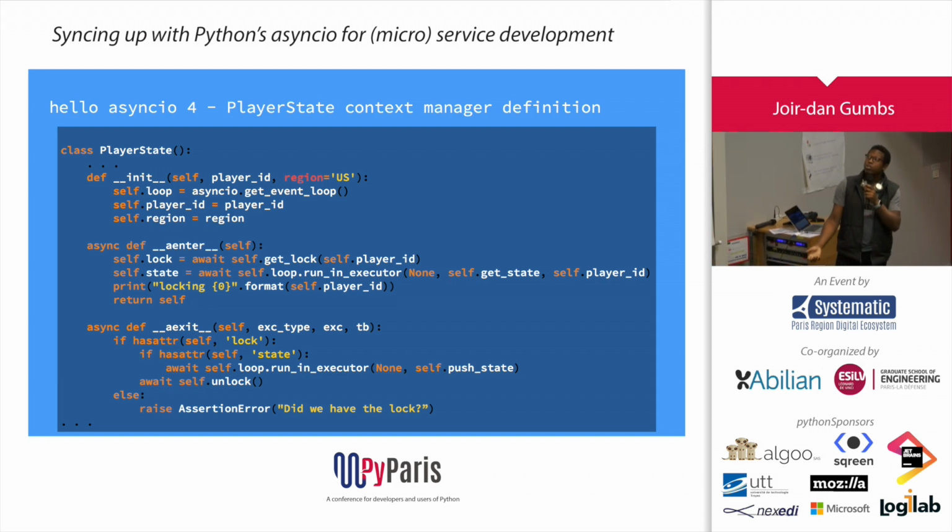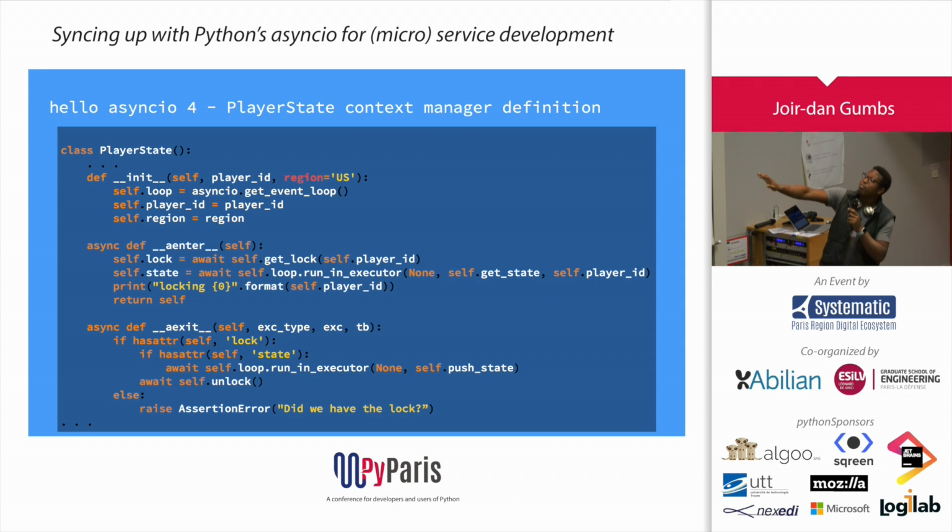So maybe I want to create a context manager that, when I try to grab a certain player state, locks that state down for me and then grabs the state information from the state database before allowing me to do any manipulations. And then when I exit, I want it to push the final state, and then release the lock so that somebody else can manipulate the state of my player state.